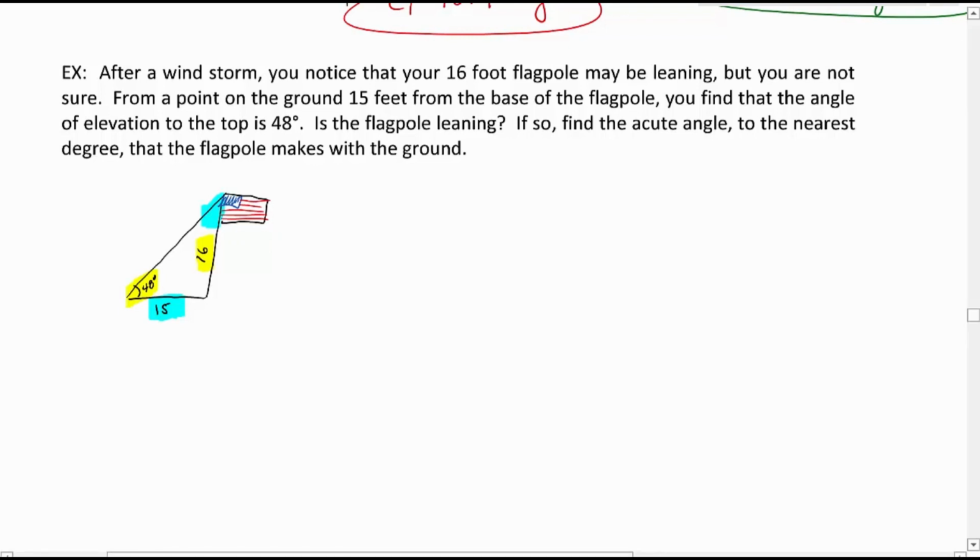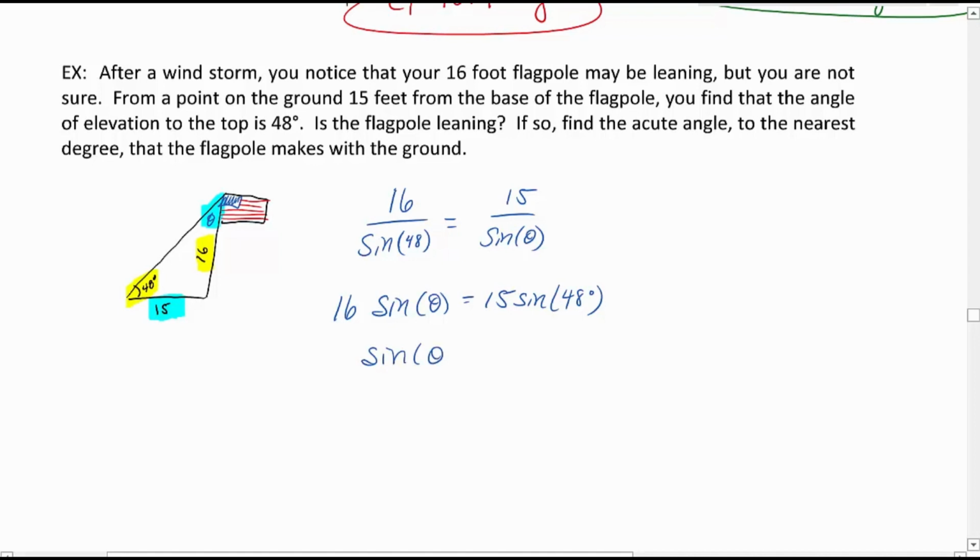All right, let's set up our law of sines. We'll call this angle theta up here. 16 over sine of 48 is equal to 15 over sine of theta. We'll cross multiply, and then we'll divide by 16.